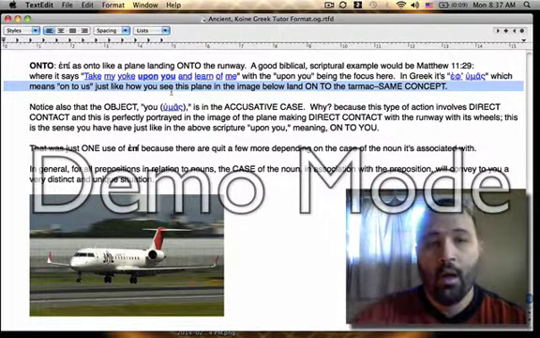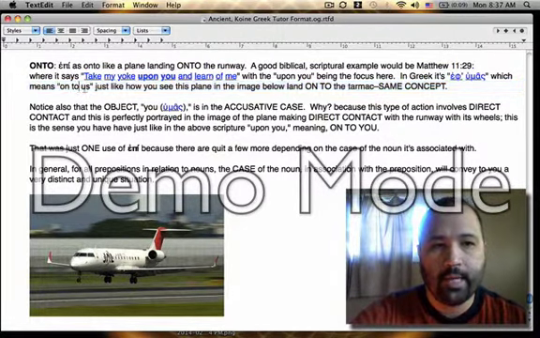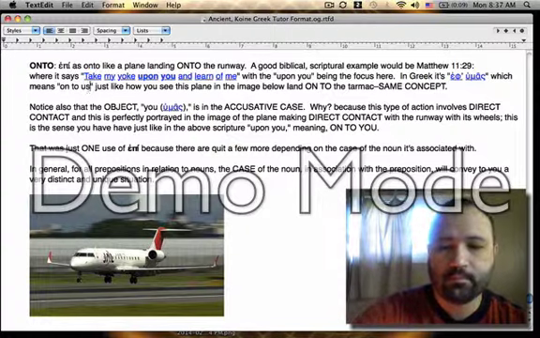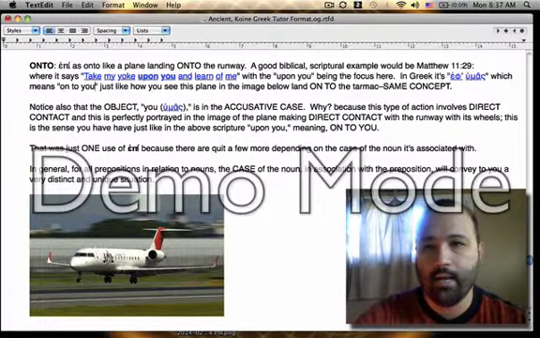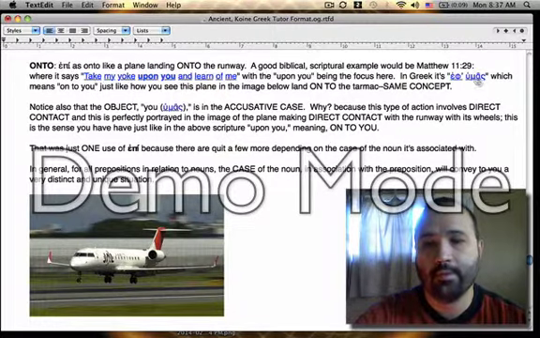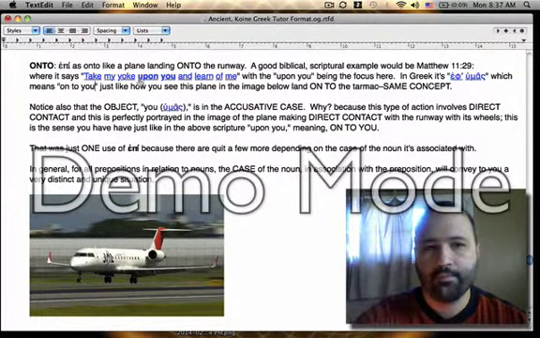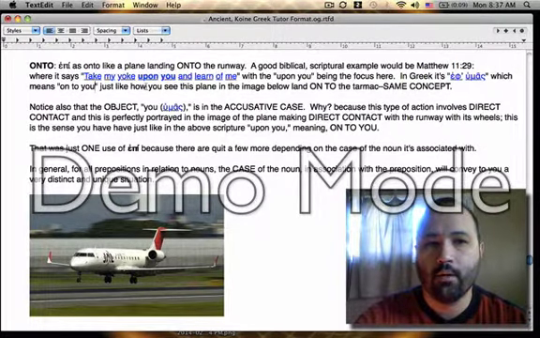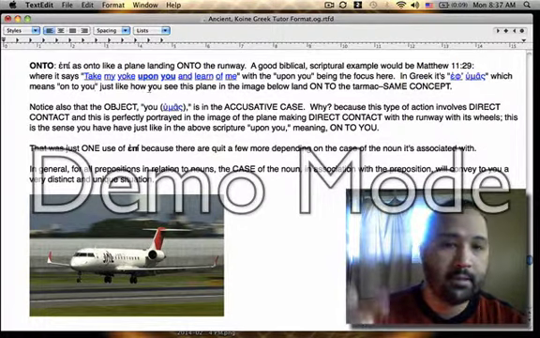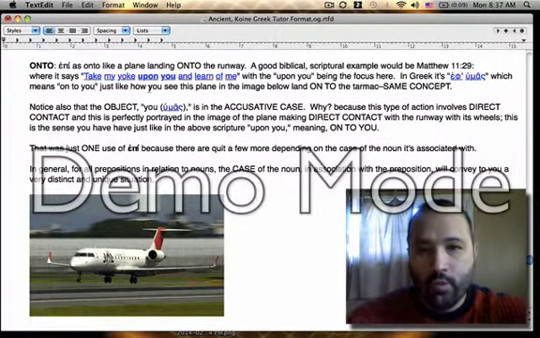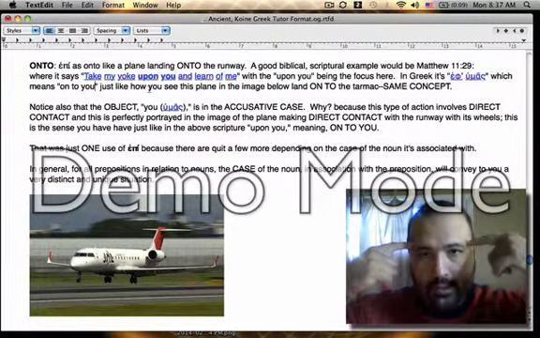I'm sorry, actually it's onto you in this case. This should be you, because this is a personal pronoun in the second person plural accusative here. Onto you, he's saying, or upon you. Just like how you see this plane in this image below land onto the tarmac, same concept.